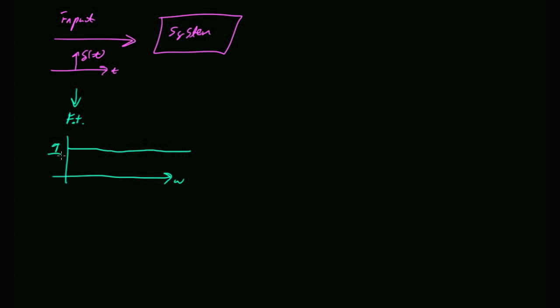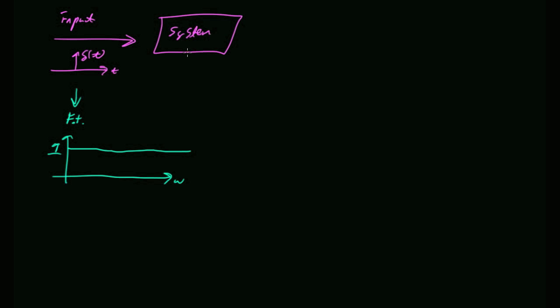So when I kick my system with an impulse, what I'm really doing is presenting to my system, in one go, all frequencies. If I gave you this system and I said, please figure out if this is a low-pass filter or a high-pass filter, the circuits 2 approach is to say, okay, first I'm going to generate a cosine at 1 hertz.